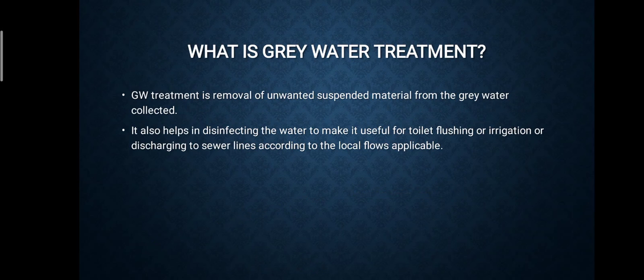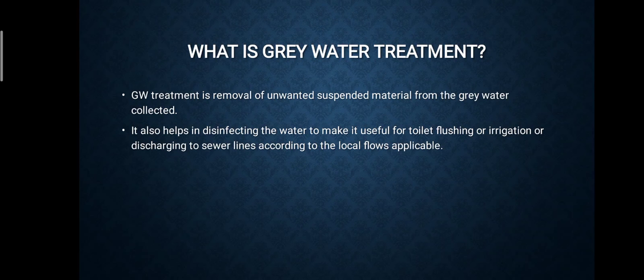What is grey water treatment? Simply, it is the treatment of grey water. This treatment includes the removal of unwanted suspended materials. Generally, grey water contains some impurities, like microorganisms or dissolved salts.